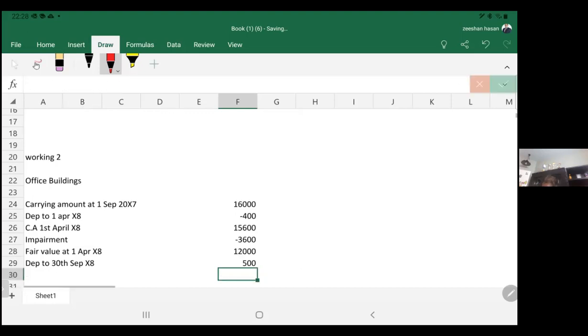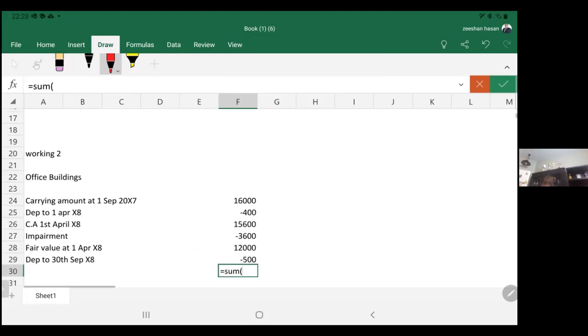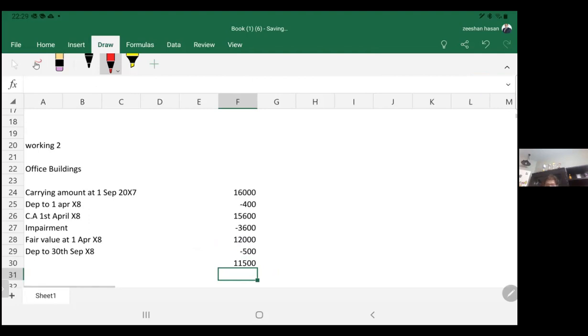What will we get? 500. And as it is depreciation and an expense, minus 500. Finally, at the year end, the carrying amount of the office building is equal to 12,000 minus 500, which is 11,500. Wow. Office building done.